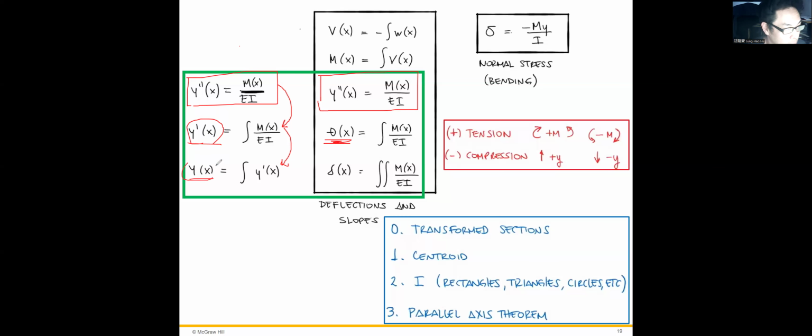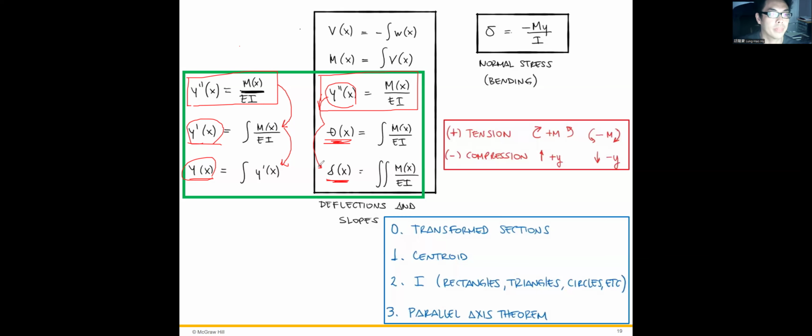Y is the deflection, delta. So the first thing we have to find out is y double prime, and then we take the integration, and we can figure out what the slope is and what the deflection is.